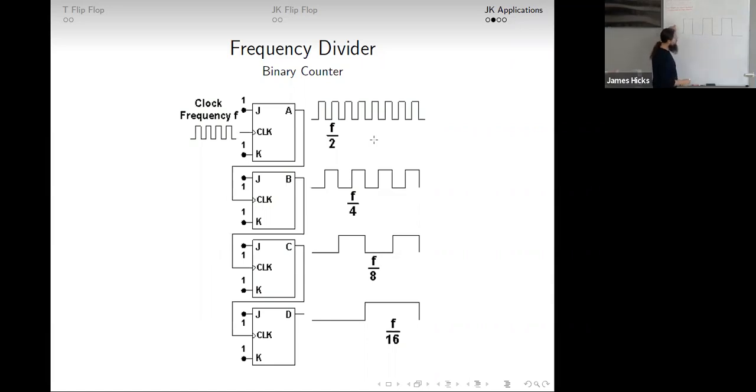Here's the top one. And if you pay real close attention to how this bottom one lines up with the top one, the bottom one is low for 2 full cycles of the top. Goes high for 2, down, low for 2.